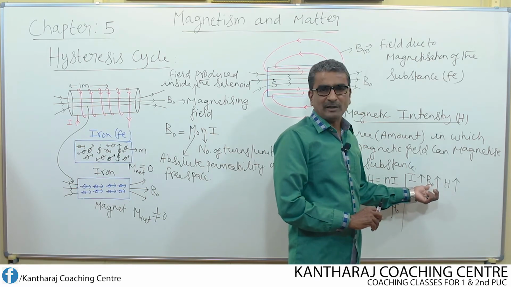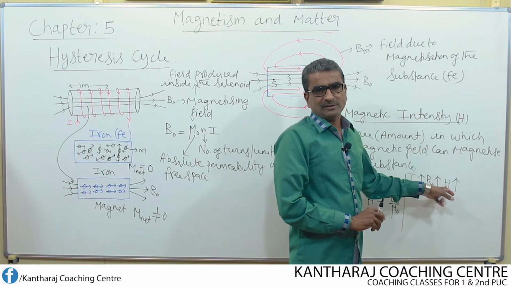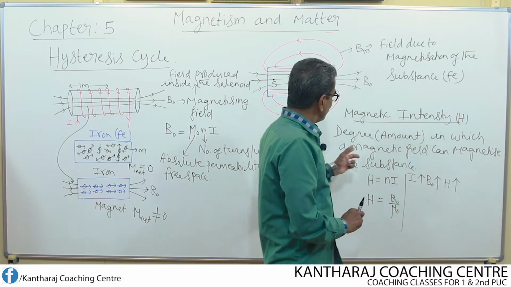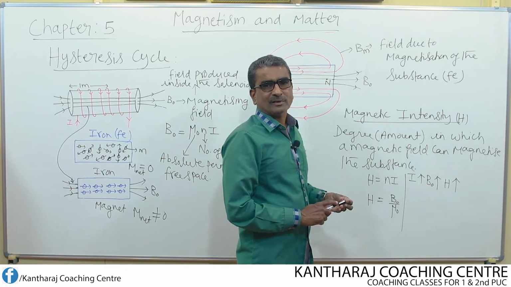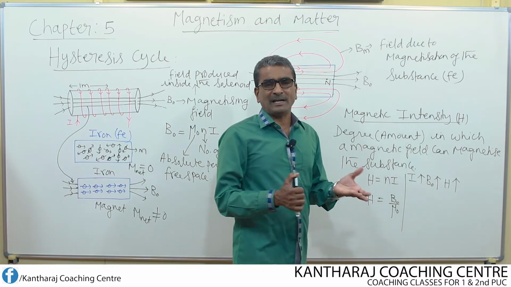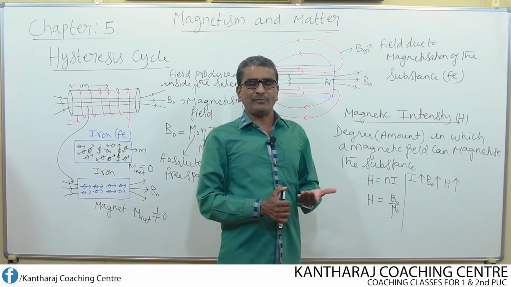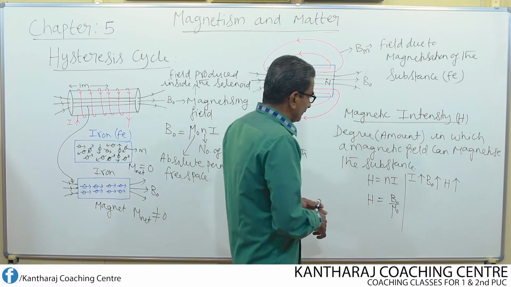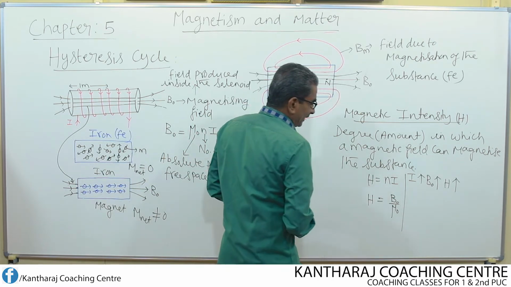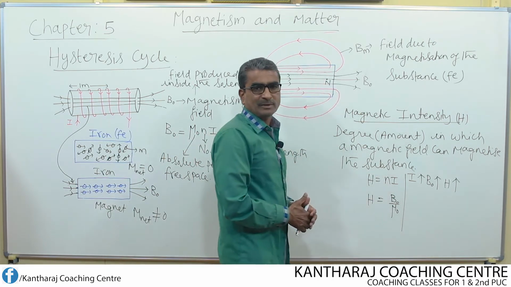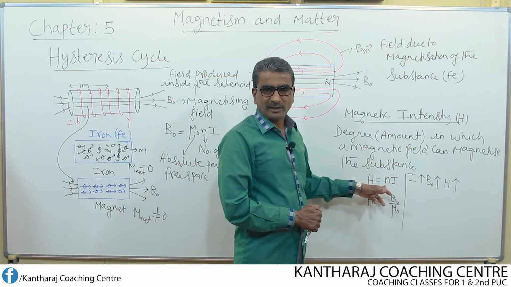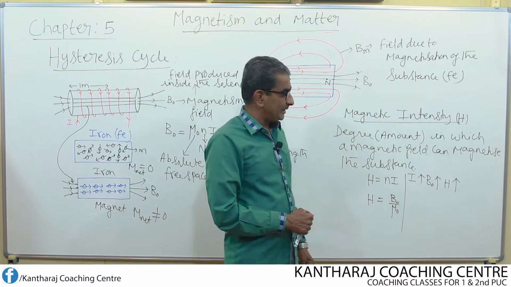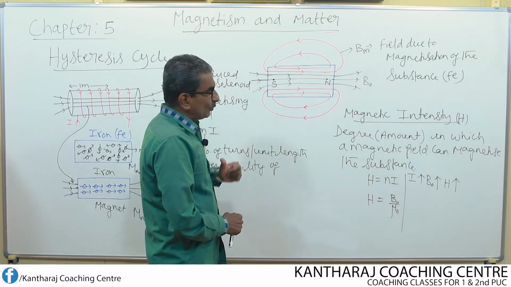So B naught becoming large means the strength also becomes large. That strength itself refers to the degree or the amount. So a weak field can magnetize the substance weakly, a strong field can magnetize the substance strongly. That's the meaning of this. What is this N into I? N we already know is the number of turns per unit length, and I is the current flowing through the solenoid.